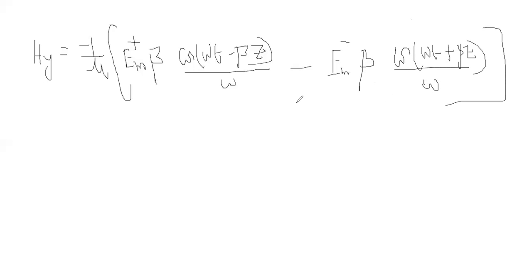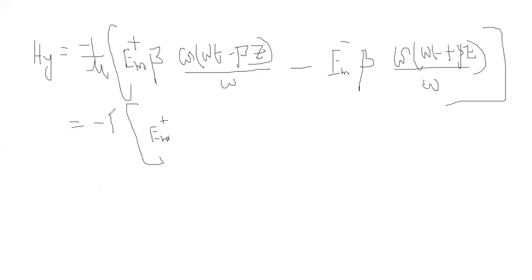Okay. So now the minus 1 by mu into Em plus beta by omega. Okay. So before that, you can directly write that beta by omega and beta by omega. On both terms, there is a beta by omega.